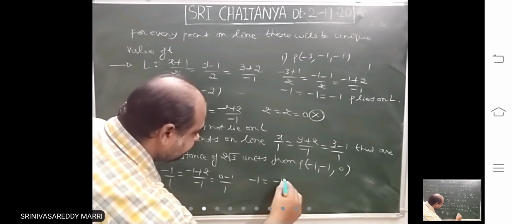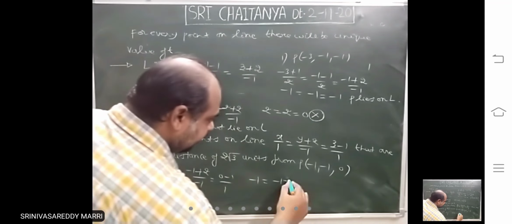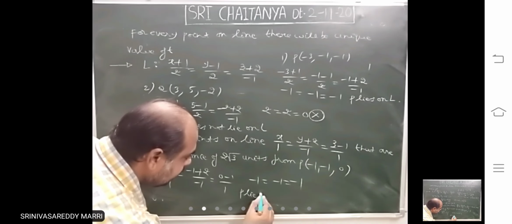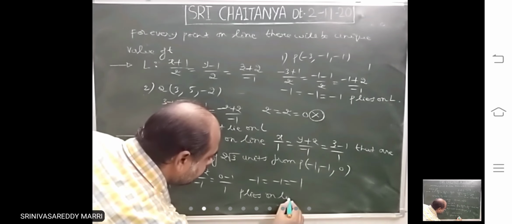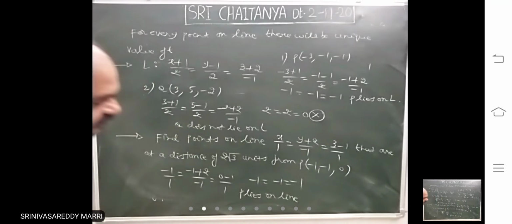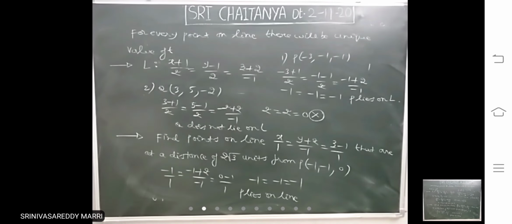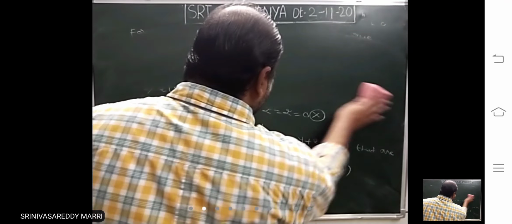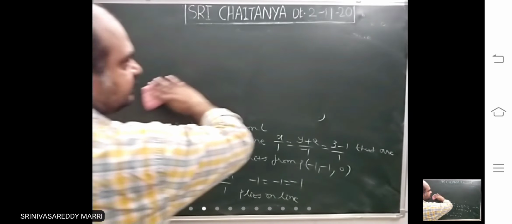You got minus 1 equals minus 1 equals minus 1. That means P lies on the line. First, we will say that P is a point on the line. That you have to assess first. Then mark that point on the line.